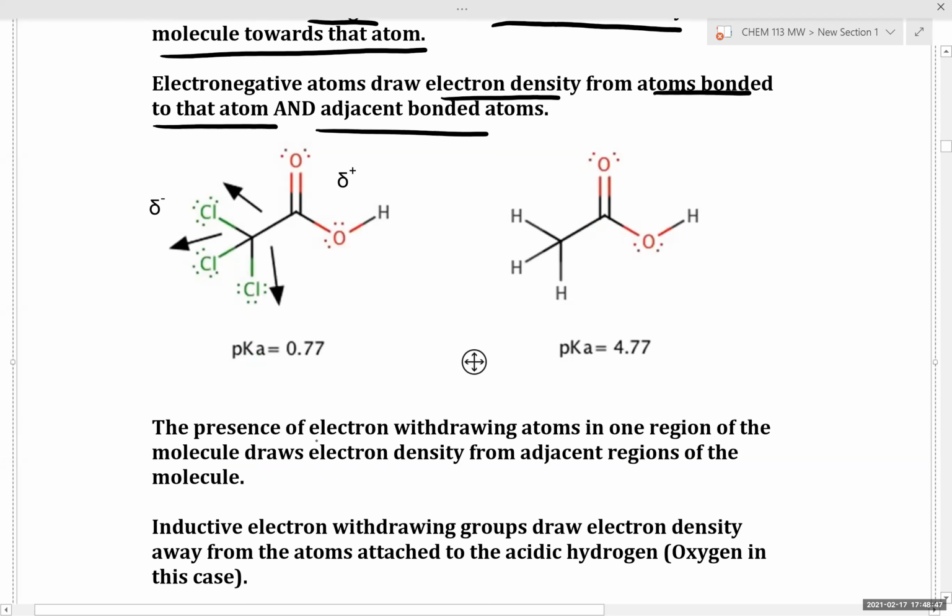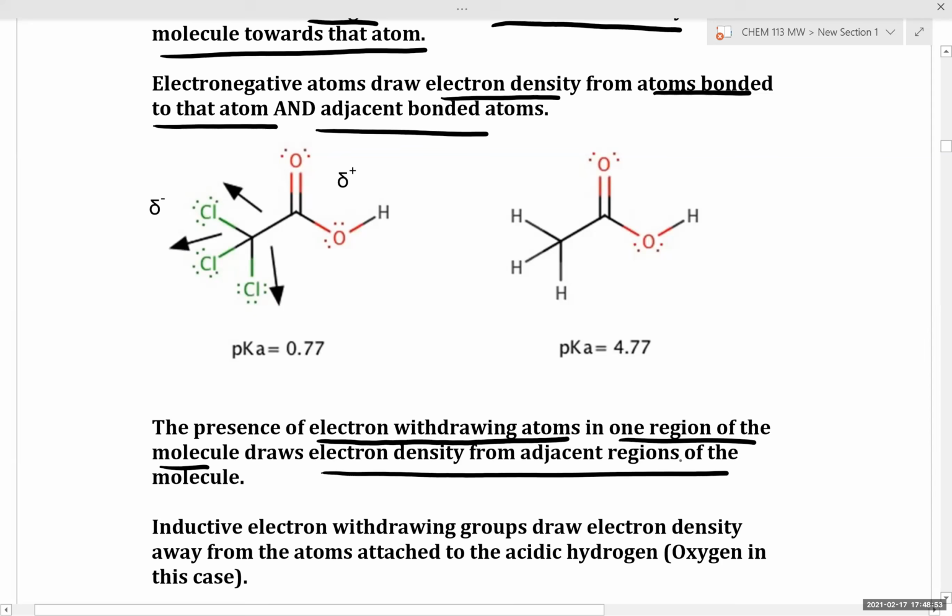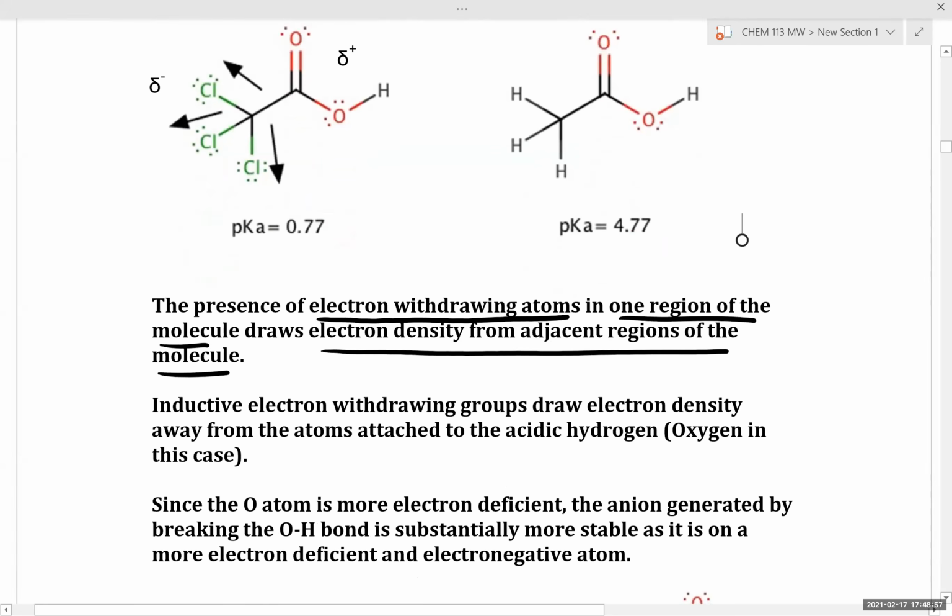Now, the presence of electron withdrawing atoms in one region of the molecule draws electron density from adjacent regions of the molecule. In turn, inductive electron withdrawing groups functionally draw electron density away from the atoms attached to the acidic hydrogen.